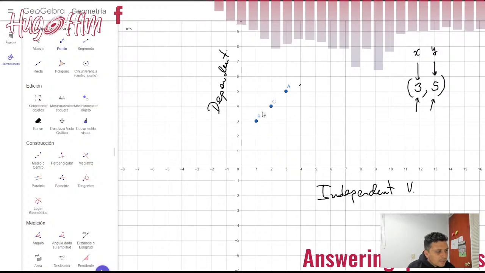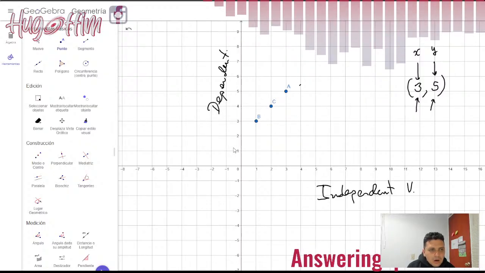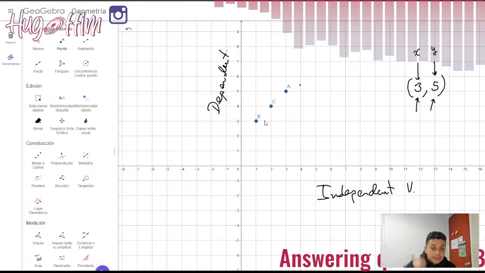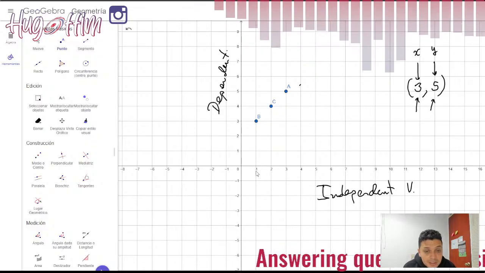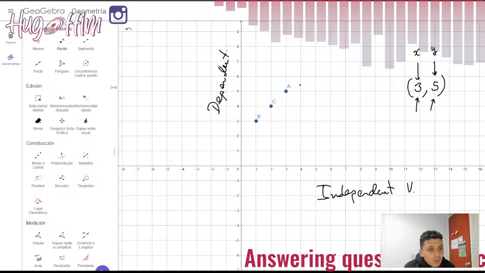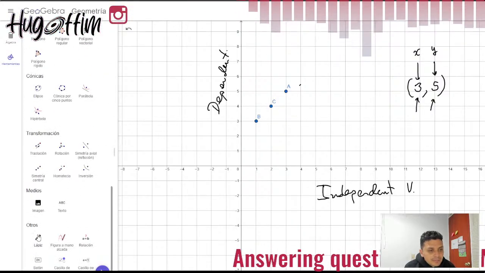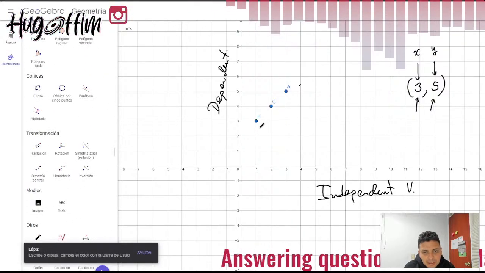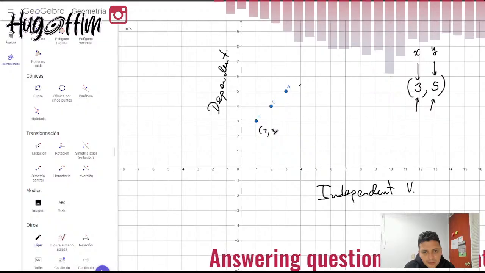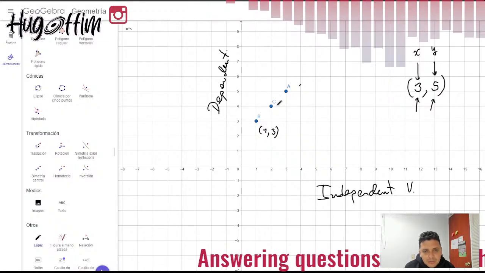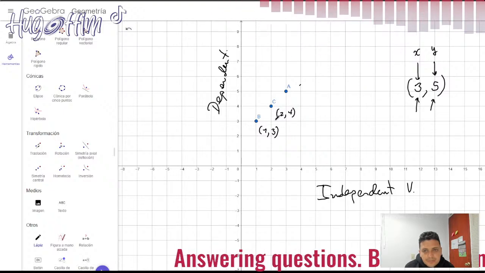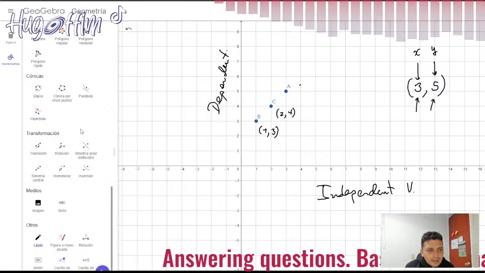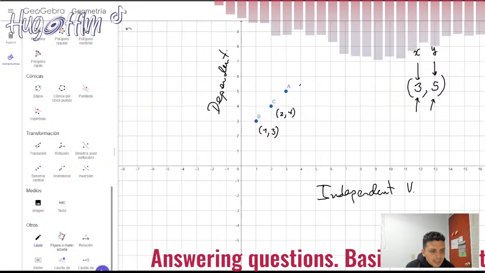Let's see that you have these 3 points on your graph. You already plotted these points. So for example, this point B is going to be the point 1 and 3, and this is going to be the point 2 and 4. And this is 3, 5. You can put it in a table or something like that.